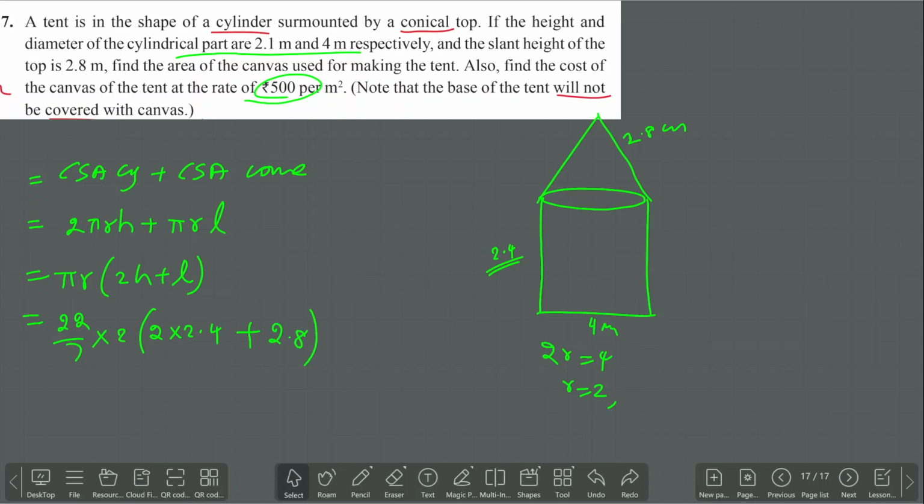That's it. 2 into 22, 44, divided by 7. When you multiply this together, 8.4 plus 2.8. Add together, what am I getting? 44 divided by 7. What is it? 6. 7.6 you will be getting.